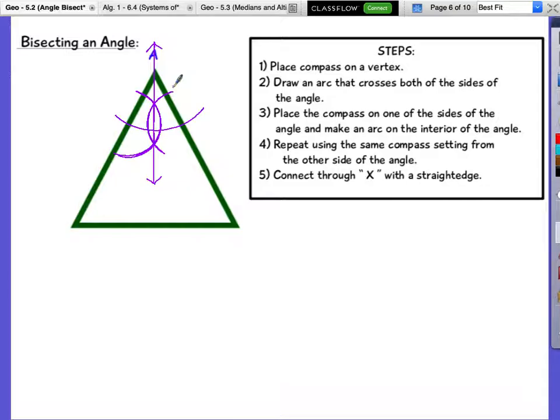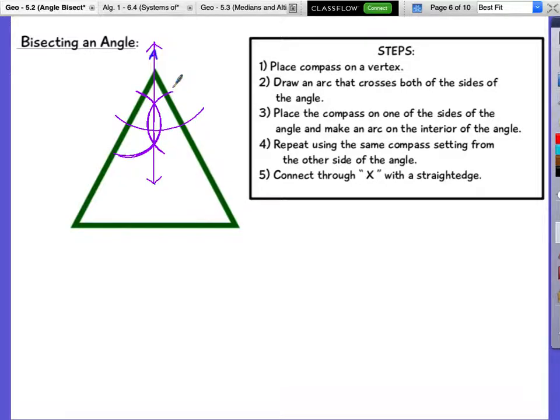You should use your straight edge to connect those two intersections formed by your last two arcs, and you should get this line I made here. Yep, that's good. Does anybody need help getting to this point?